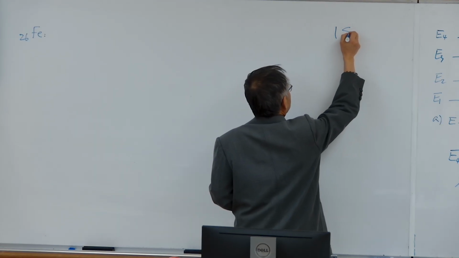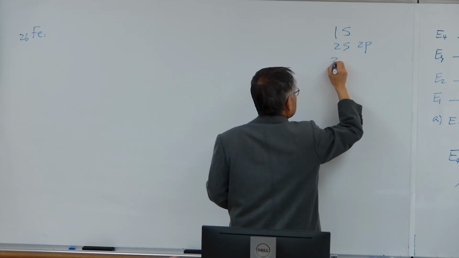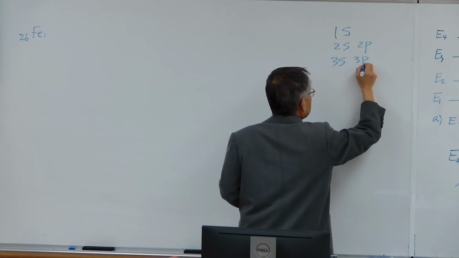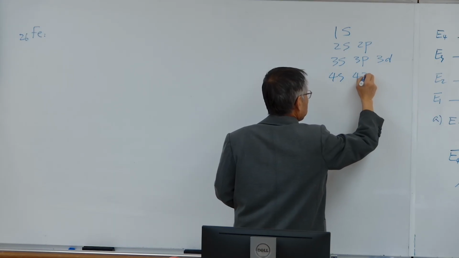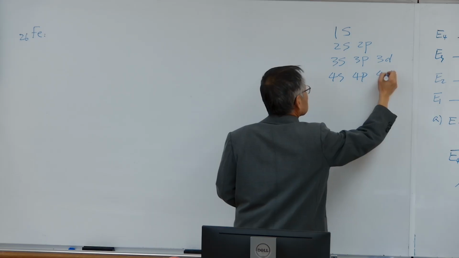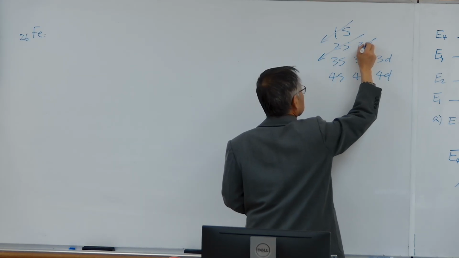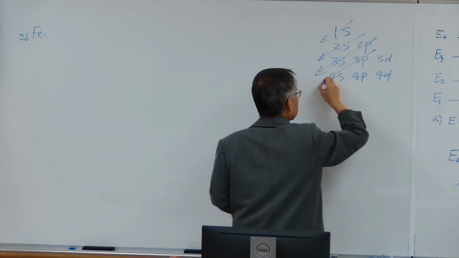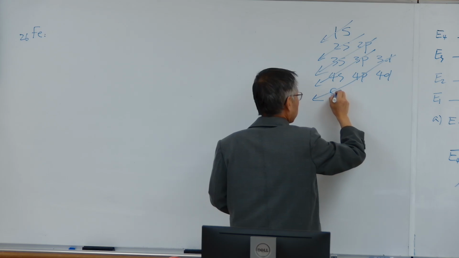So we need this chart to write the electron configuration: 1s, 2s, 2p, 3s, 3p, 3d, 4s, 4p, 4d. 1s is always first, then 2s, then 2p, 3s, then 3p, 4s, then 3d, 4p, 5s.